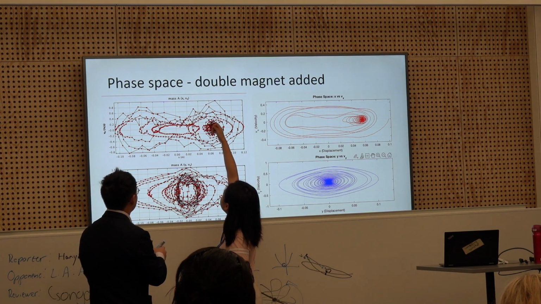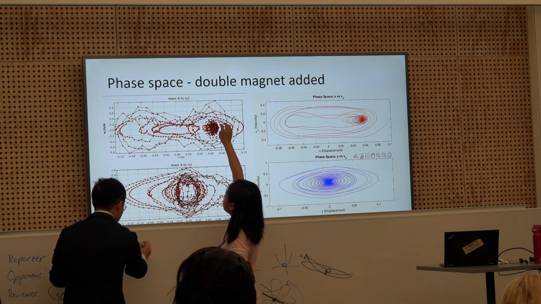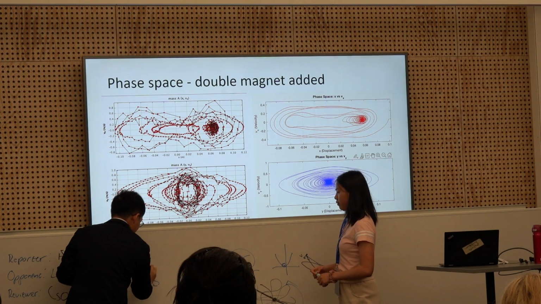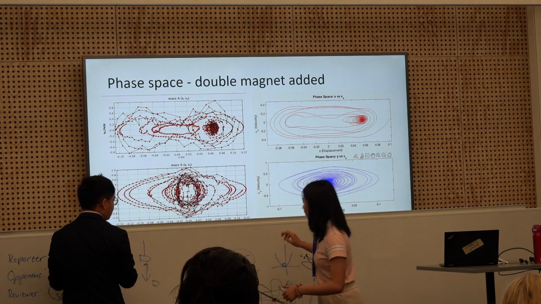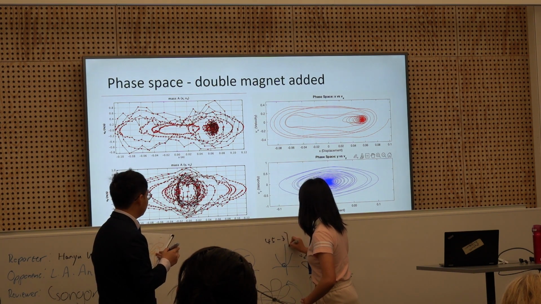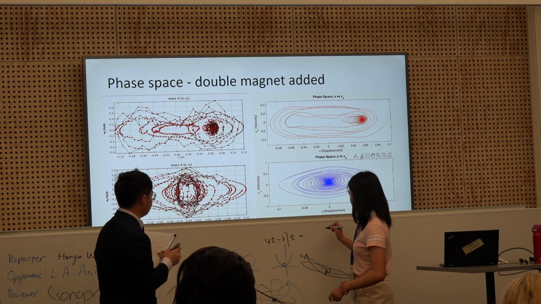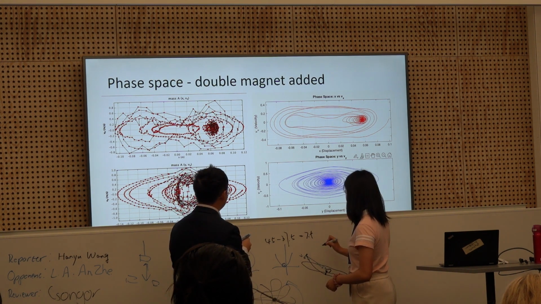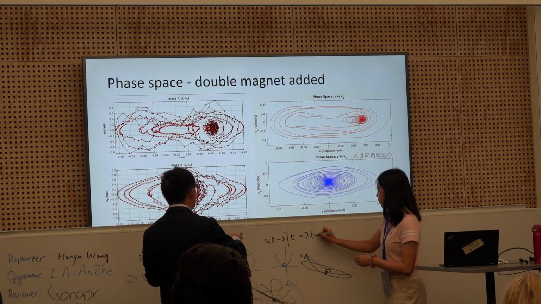This position is 0.0. This distance is 18 centimeters. It's 45 minus, which is 7.5 centimeters.